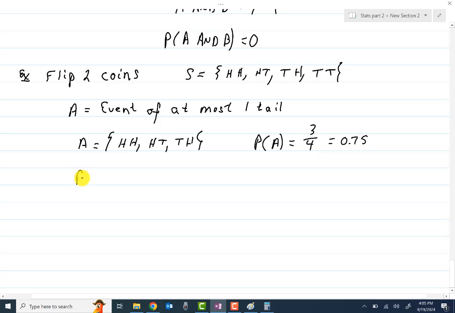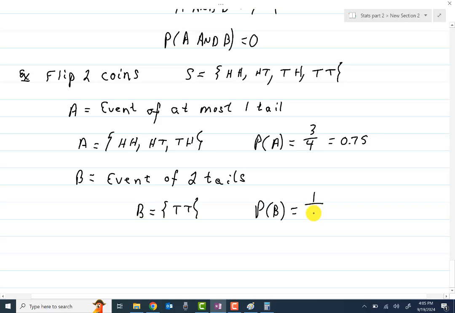I'm going to let B equal the event of 2 tails. Well, there's only one thing that B can be. Then B is equal to simply TT. And the probability of B, while I'm here, they ask you for them anyway, so I might as well do it.